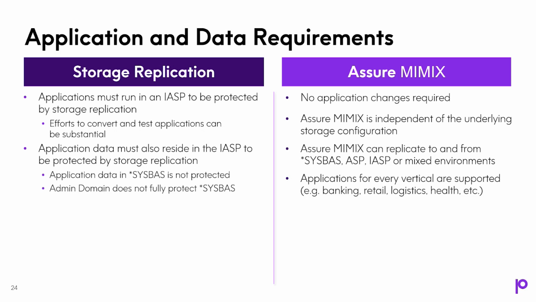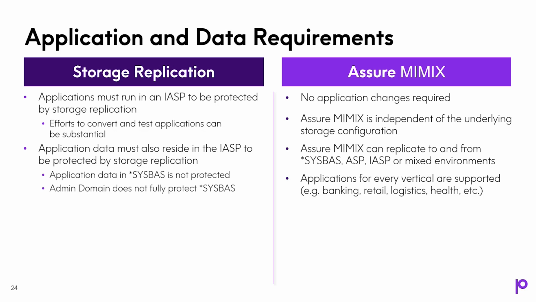You need to convert your system and your operating environment to support independent ASP, which is not out of the box. You have to do that. So application data must reside in the IASP to be protected by storage replication. With IBM's solution anyway, they have this administrative domain, but that doesn't cover everything in sysspace.